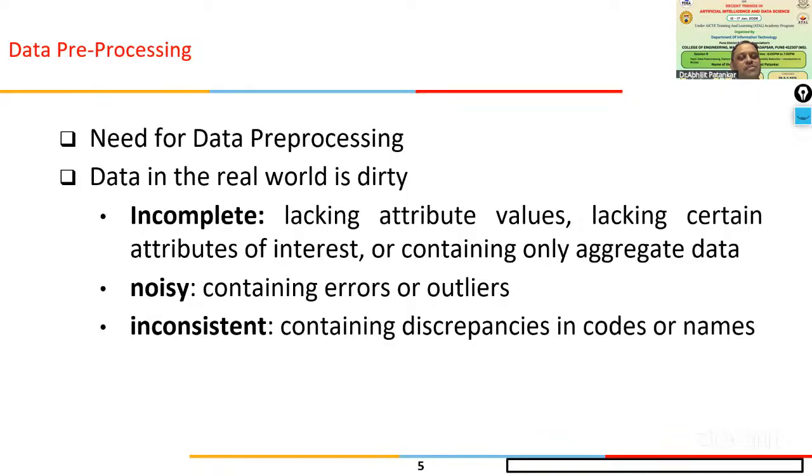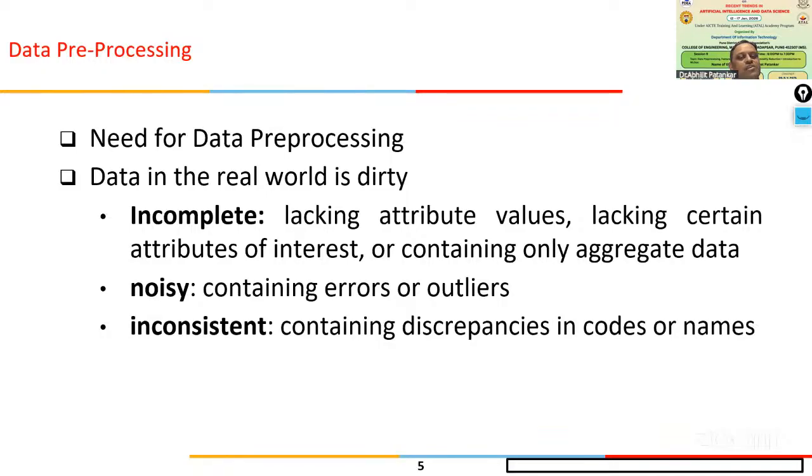The basic part we are looking at here is pre-processing of data. Unless you pre-process the data, if you take the raw data directly, you cannot achieve your targets or research objectives. So what is the meaning of incomplete data?